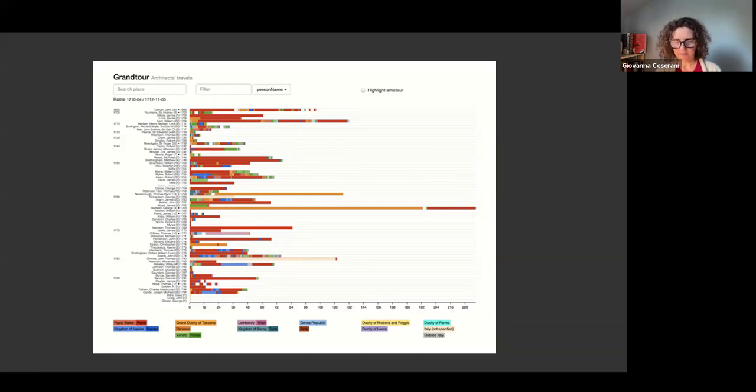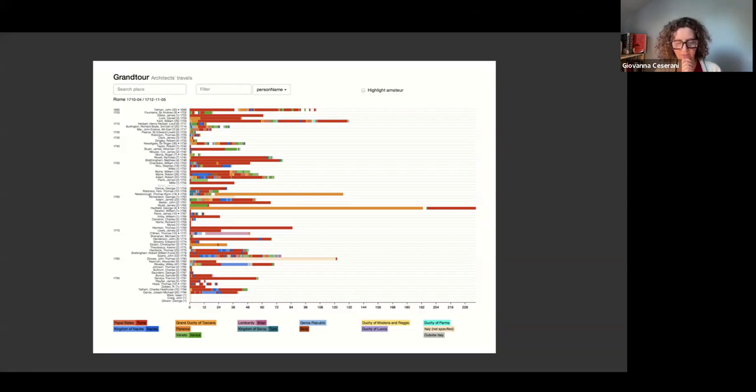They are all lined up, starting at the same origin point on the left, but vertically they are organized in chronological order to represent the order of occurrence of these travels throughout the century. Horizontally, instead, what you see is the extent of each trip, with the different colors indicating different regions visited. Green is for Veneto, the Republic of Venice, blue is for Naples and the Neapolitan Kingdom, and red is Rome and the Papal State.